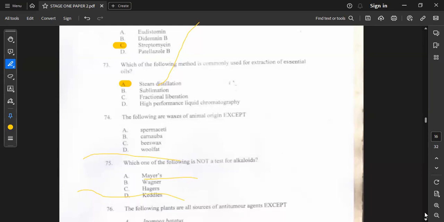Sorry, going back to 73. Also, steam distillation would be used to extract.